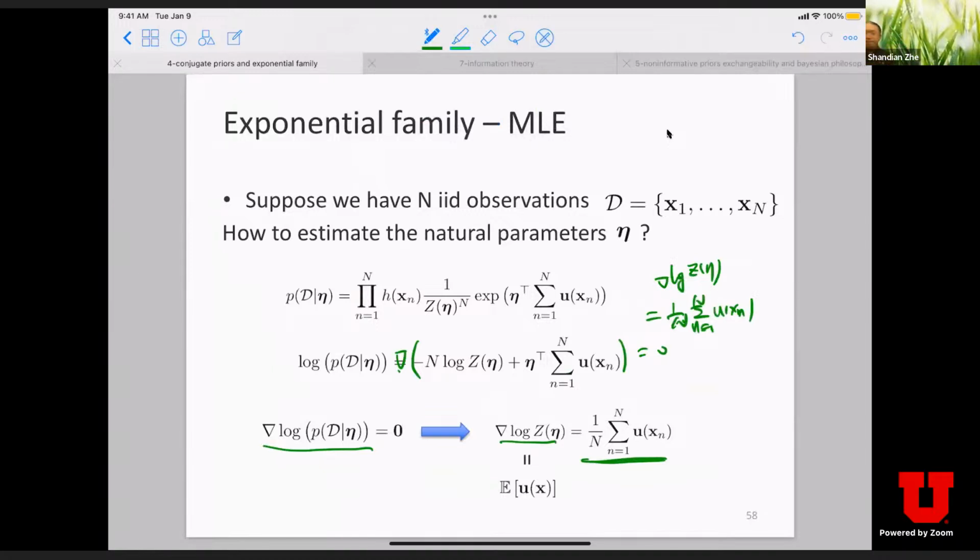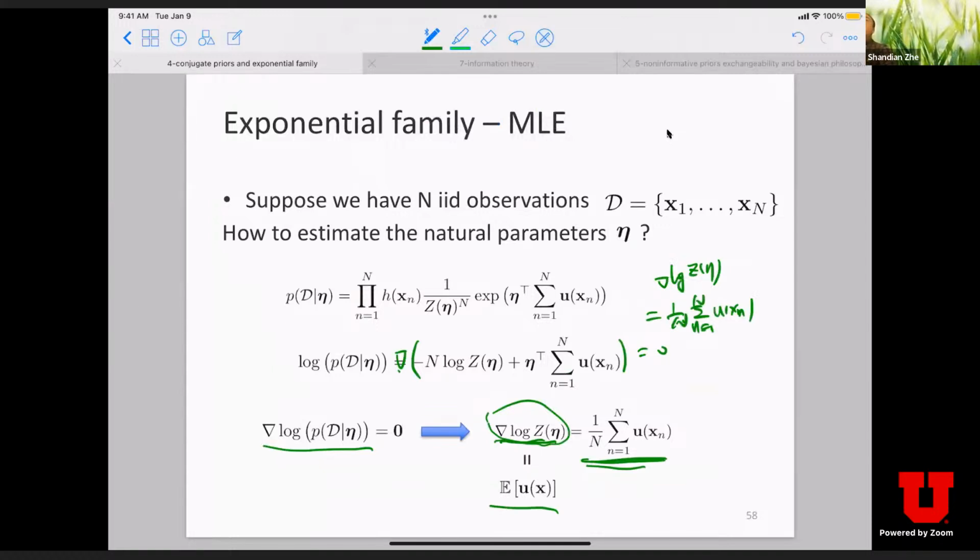Then we can observe that for the MLE estimation, the MLE estimate of eta is obtained if you take the gradient of the log normalizer to be the average of the sufficient statistics over the training examples. And remember, the gradient of the log normalizer is actually the expectation of the sufficient statistics parameterized by eta.